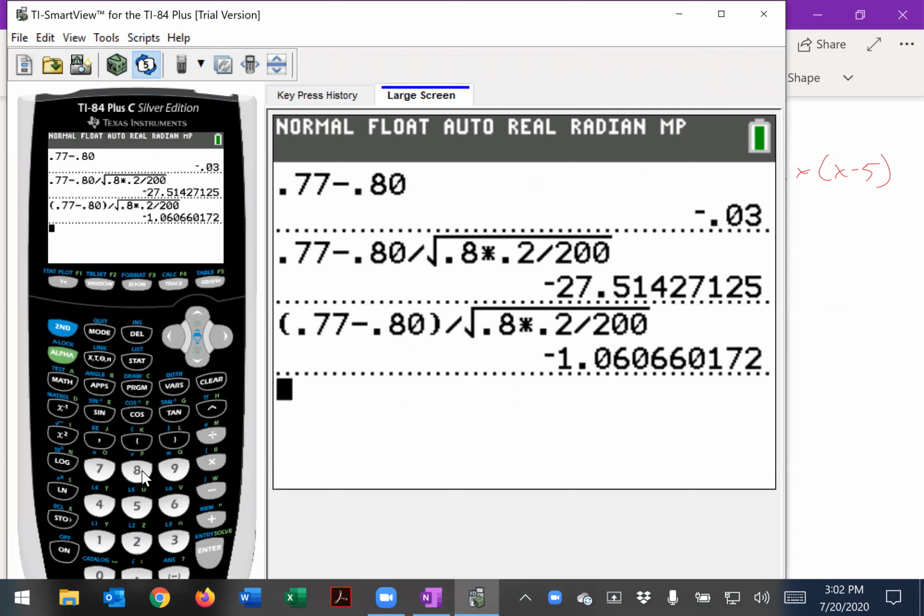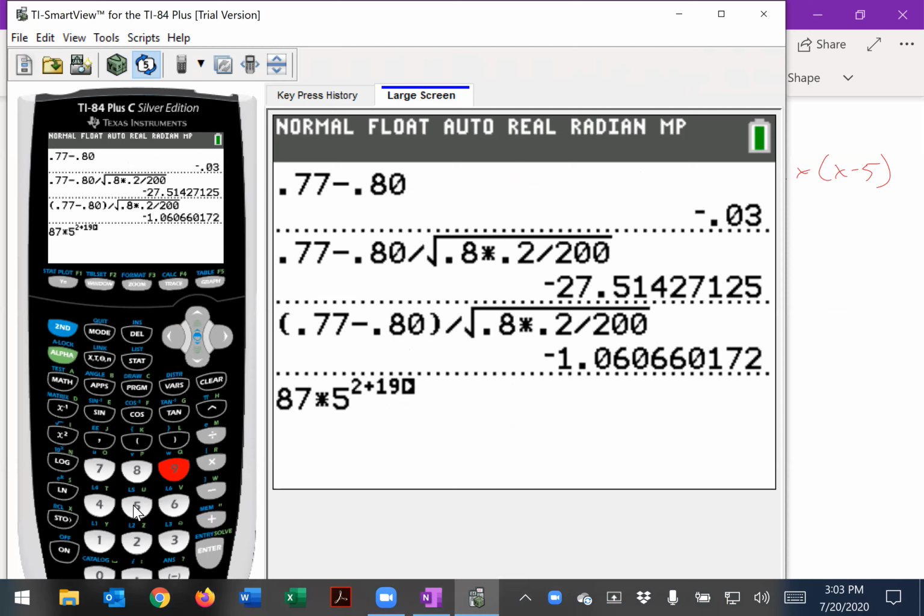Okay, 87 times 5 squared, plus 190 times 5.